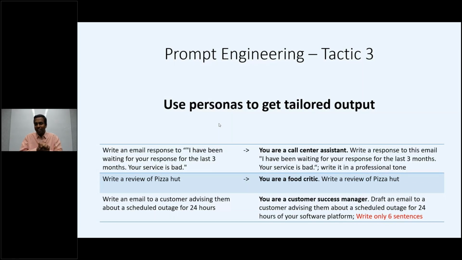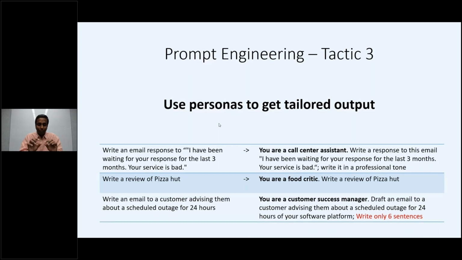As a technical writer, we interact with the customer support team a lot. So here's an example. You can say, hey, you are a customer success manager or a customer support agent, draft an email about some kind of procedure you want, and you can specify, hey, write it in a very professional tone and write only six sentences, and it is able to do that very beautifully.